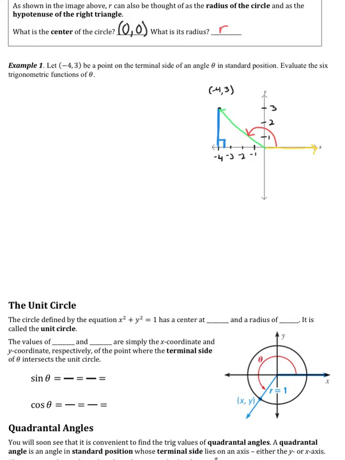I know already by looking at this graphically, the height of this triangle is 3 because the y value is 3. And the base of the triangle is 4, but we're going in a negative direction, so we're going to use -4 for our x. That's what I mean when I say x's can be negatives or positives, y's can be negatives or positives.